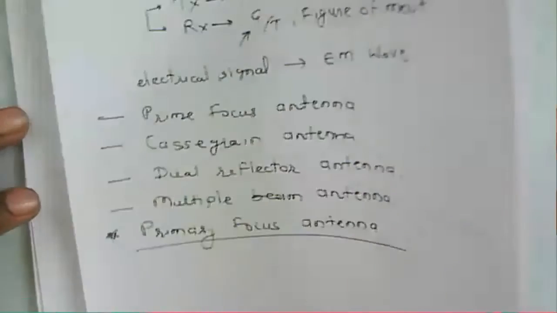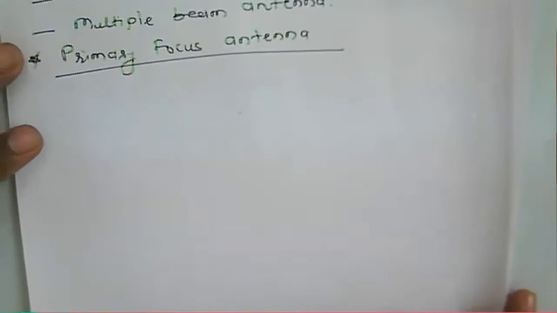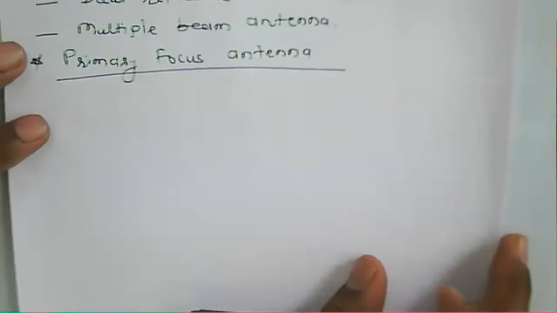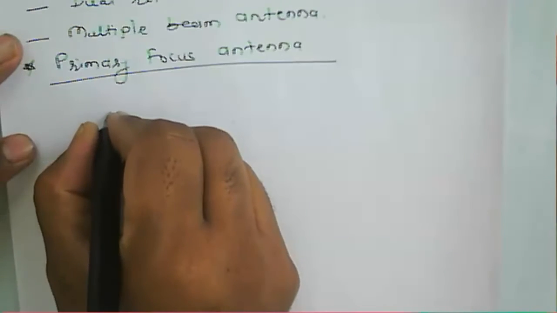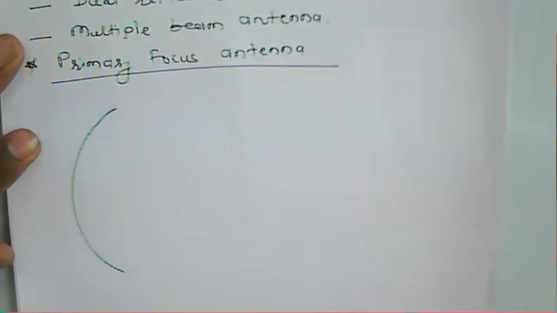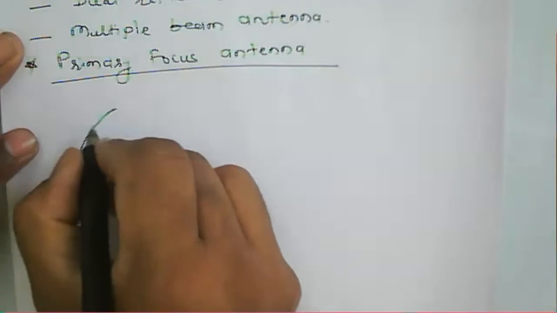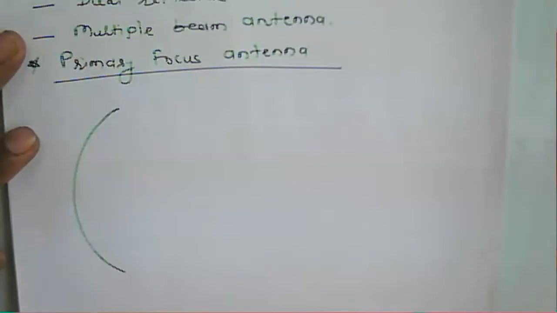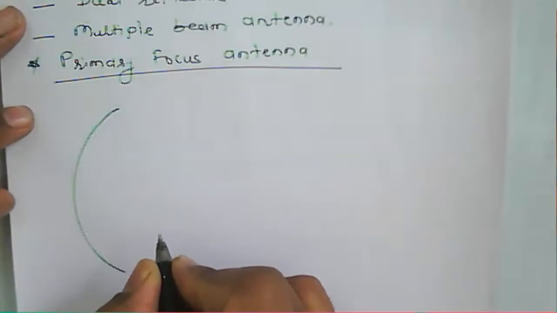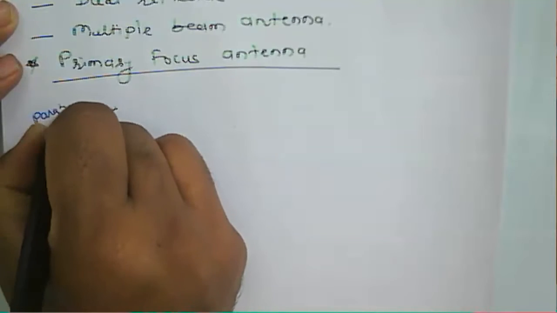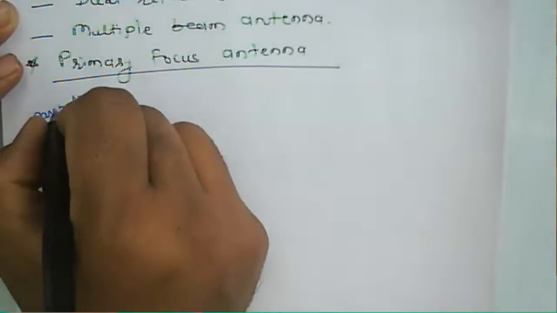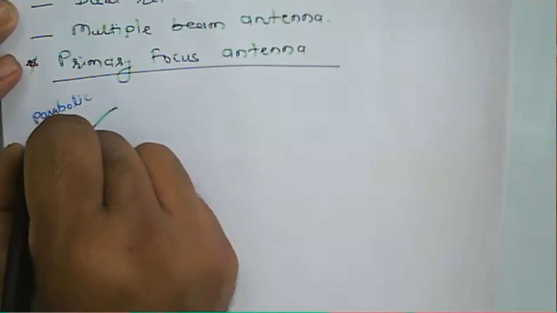Now in the case of a primary focus antenna that is used in satellite communication, it has a basic component, a parabolic reflector. For this parabolic reflector, it has some particular focus.